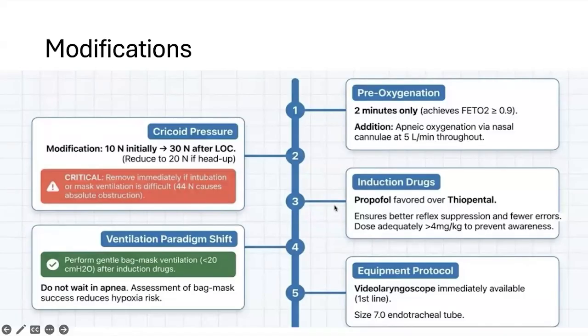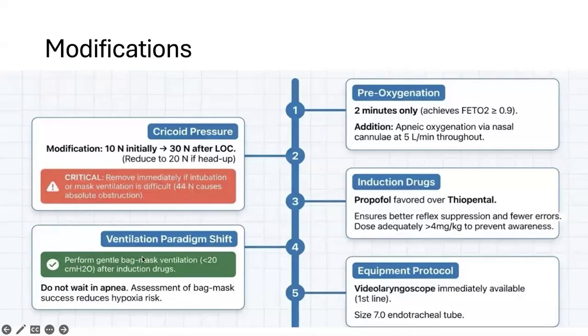Among induction drugs, propofol is in favor over thiopentone, and cricoid pressure is applied at 10 Newton when the patient is awake, and it is increased to 30 Newton when the patient goes unconscious. You can reduce it to 20 Newtons if the head is up.